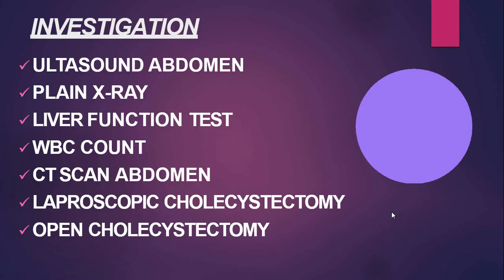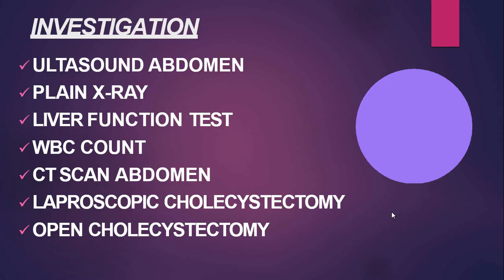Plain X-ray. Now the majority of gallstones you cannot see on the X-ray, but 10 to 20% of gallstones you can see on the plain X-ray. This is the reverse of renal stones. In renal stones, the majority are visible on plain X-ray, and only 10 to 20% are not visible.